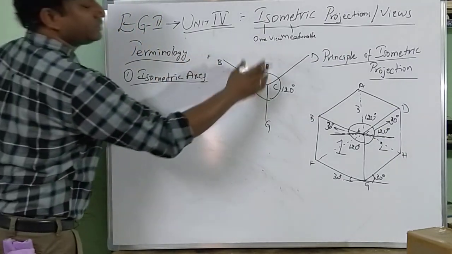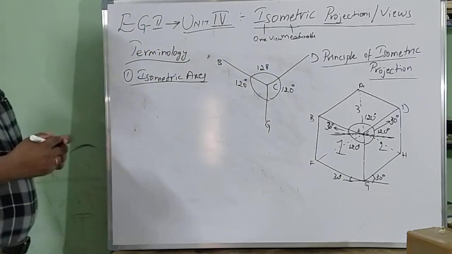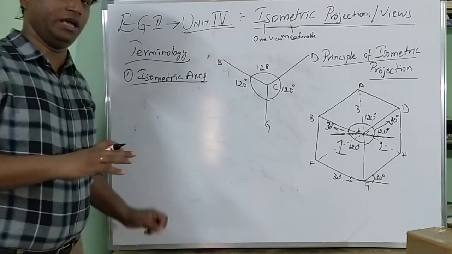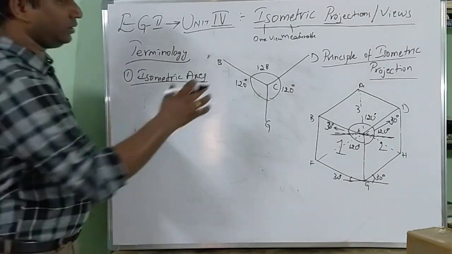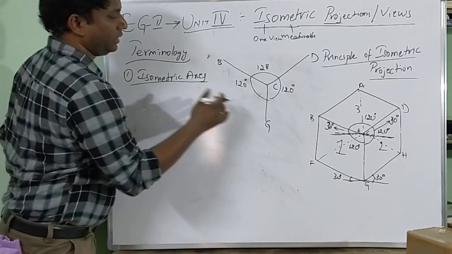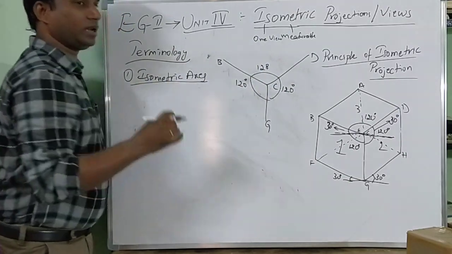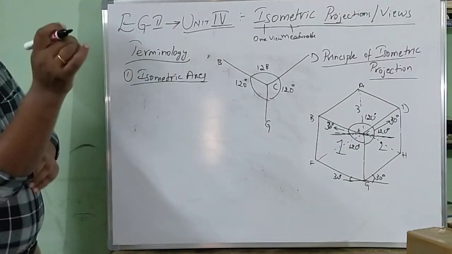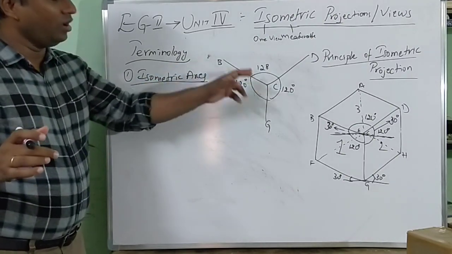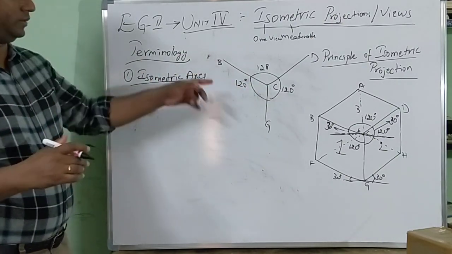Now these are 3 lines, as we are discussing converting to 3 dimensions, 3D. The 3 axis lines are BC, CD and CG. These are the isometric axes, which all meet at a single point.